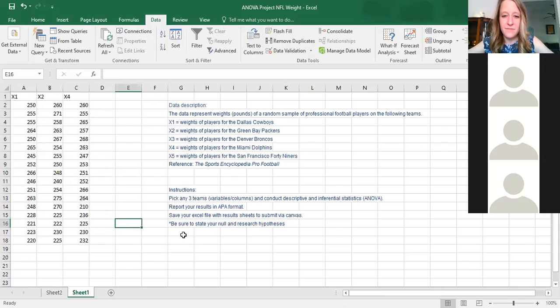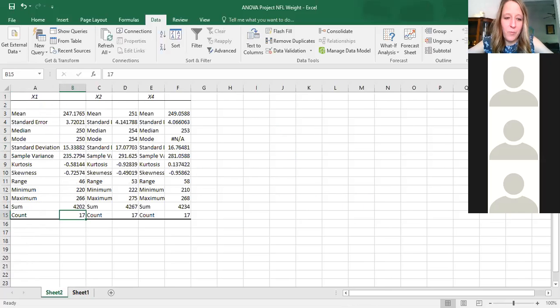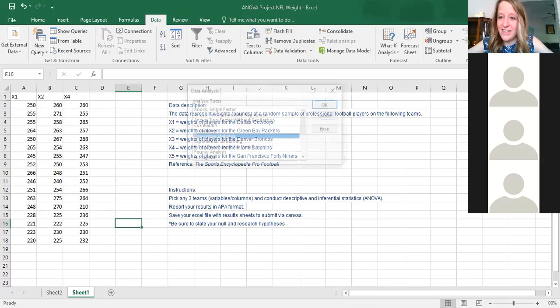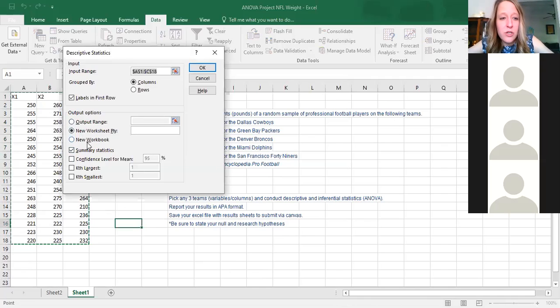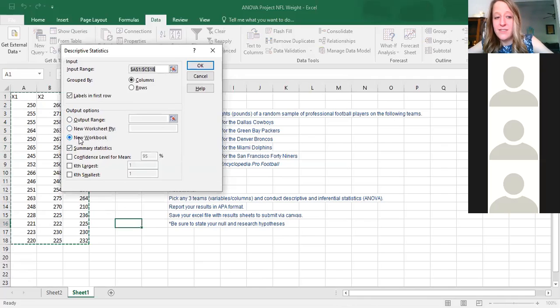Excel, does it automatically do a second sheet if you do descriptive? Yeah. If you toggle back and forth here, yes, it's creating a second sheet. And if you look, you can change that if you wanted to. You could have it put it in a whole new Excel file.